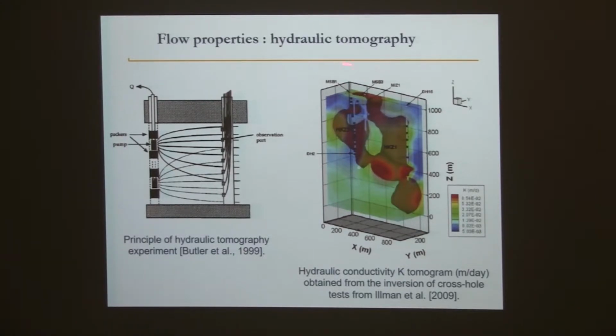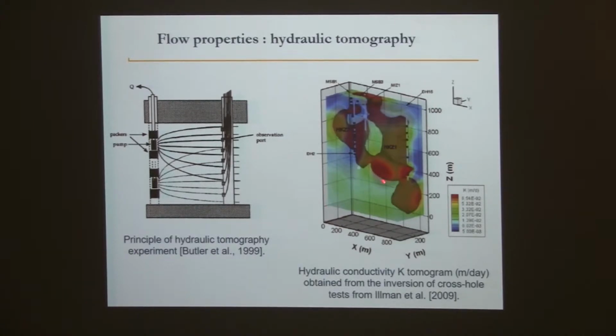For the last 15 years we have also had the development of hydraulic tomography, which was really useful. We already spoke a bit about that: you can do some testing and record the variation at different depths, and if you repeat all this testing at different depths, you can try to reconstruct the property of the medium in terms of hydraulic conductivity.